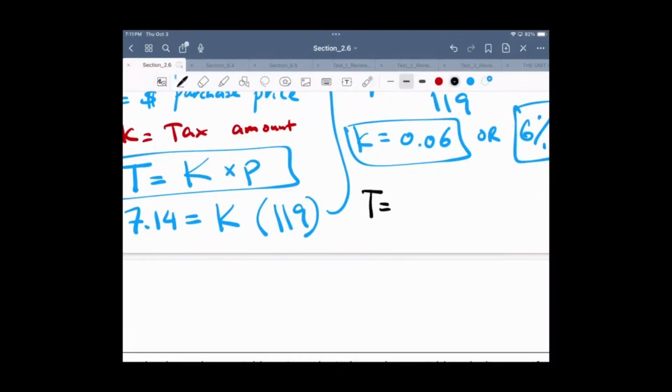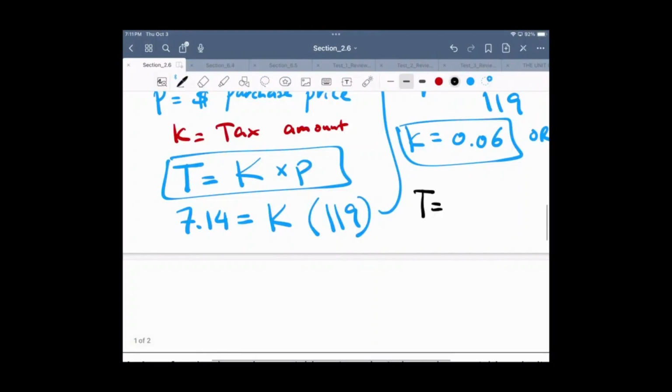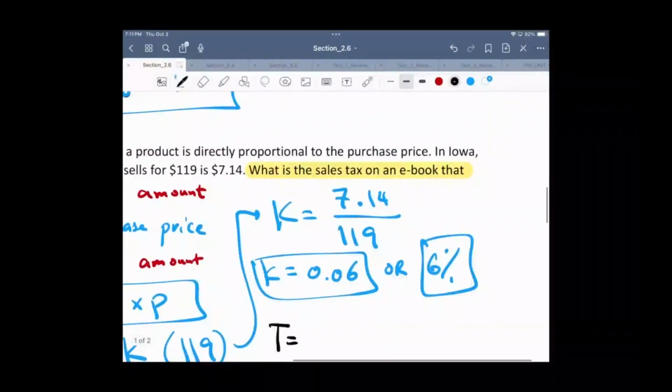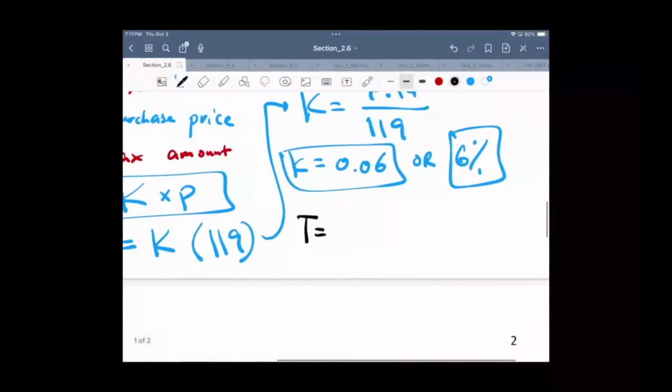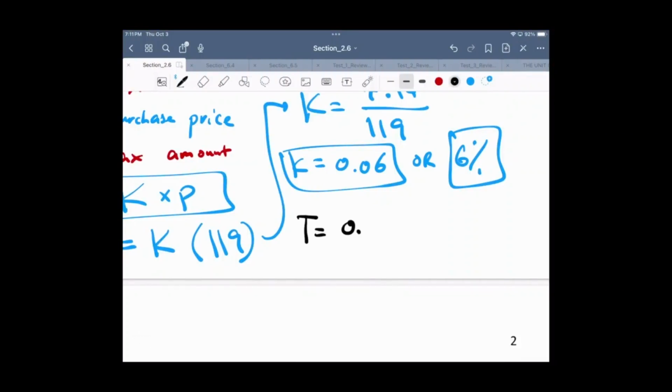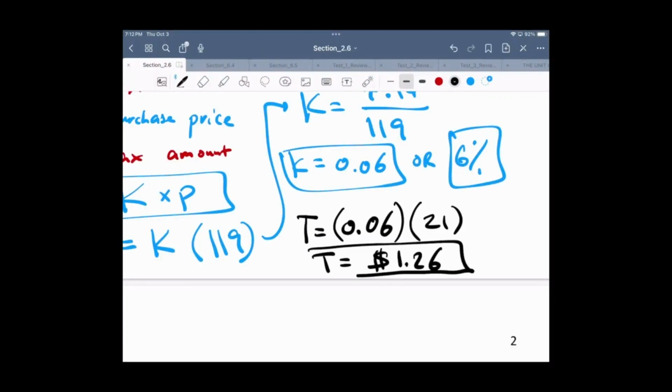So the tax on that merchandise, which is the ebook, would be K or 0.06. Make sure you use the K in decimal form, not in percentage form. So 0.06 times 21, and we get tax equaling $1.26. So this would be the tax on the ebook.